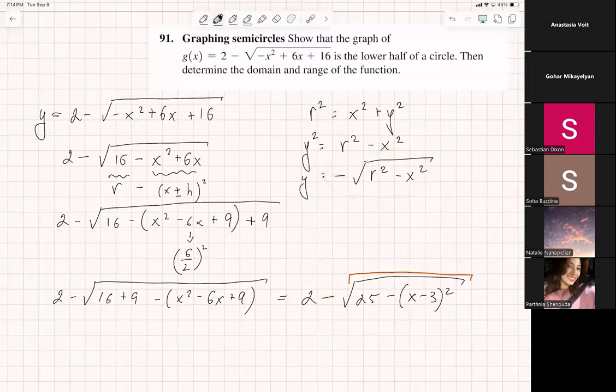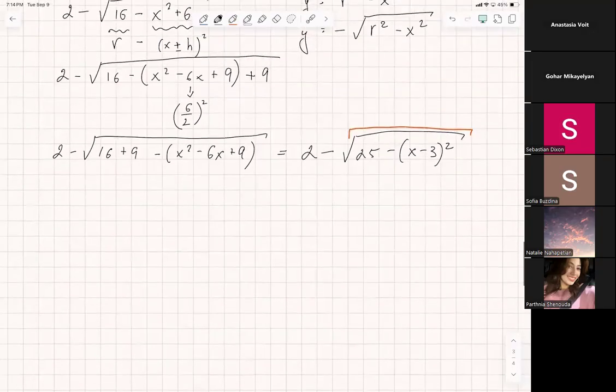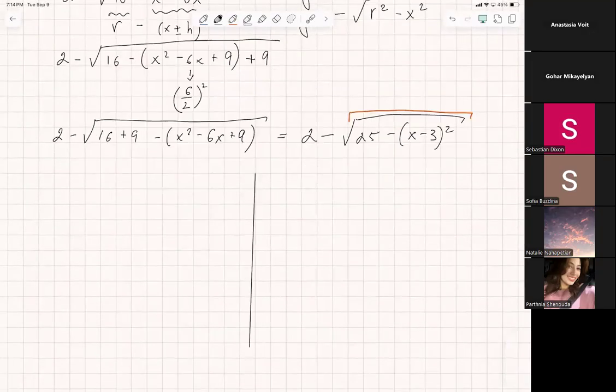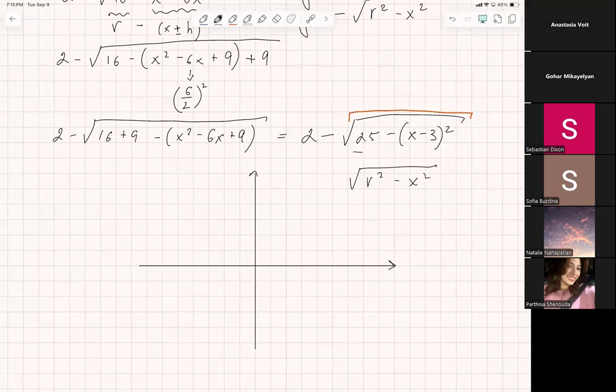So what we need to do from here, I will just draw a number line or XY plane, right? And then let's look at just a regular r squared minus x squared, right? So in our case, what is r, the radius?